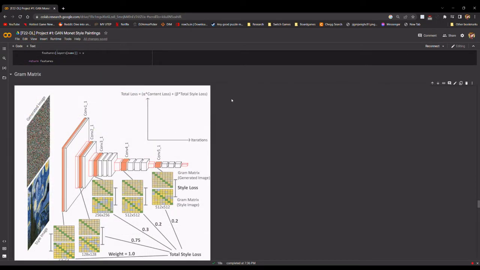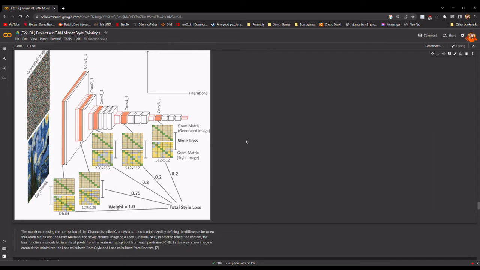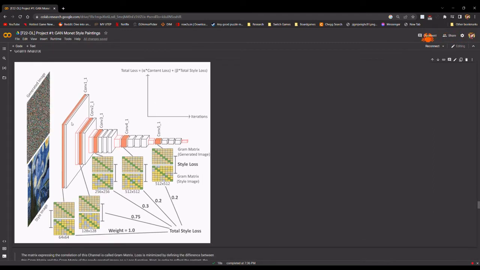Now that we have our features extracted from both images, we have to explain what the Gram matrix is before explaining how we calculate the loss. In simple terms, we apply a 2D convolution on an image, which then generates different matrices called feature maps. These maps contain low-level features of the image, such as lines, edges, dots, curves, and so on.